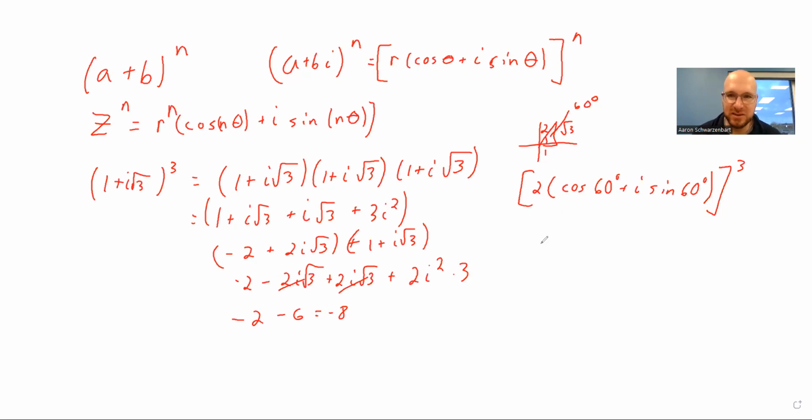Okay, so really this means 2 cubed, cosine 3 times 60 plus i sine 3 times 60. Now, usually I would probably just write that as 180. 2 cubed is 8. Cosine 180 plus i sine 180.